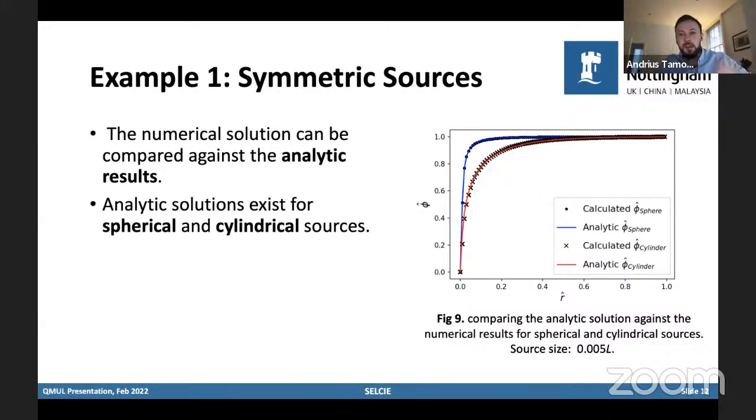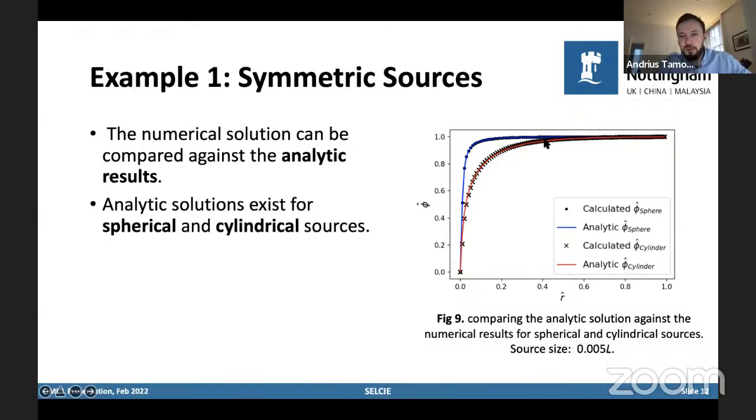This is done for a very small source in this case, something like 0.05 times the size of the domain, so this is all normalized by the size of the domain. And the field is normalized by the background value of the field. This is just to see if we have some weird numerical artifacts on very small scales that would mess up the solution. But it does not seem to be the case.